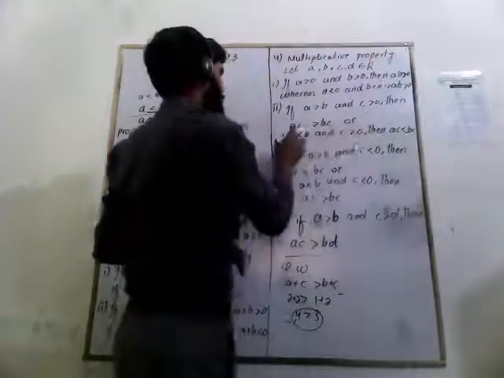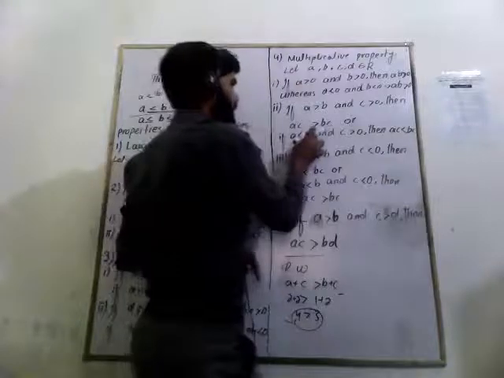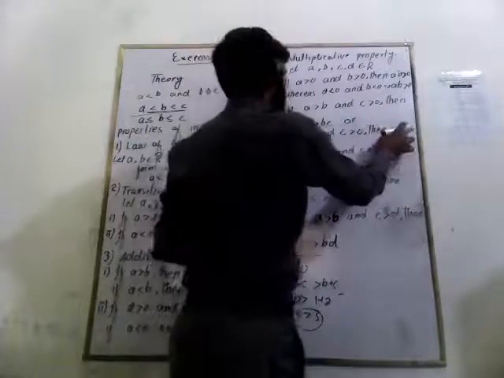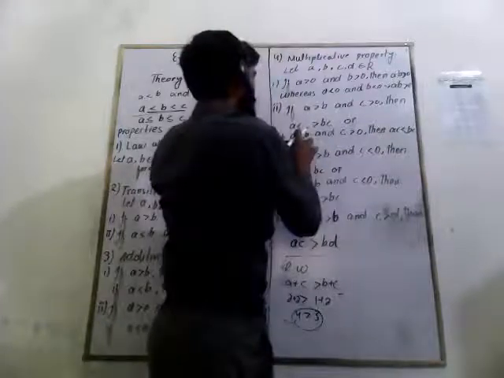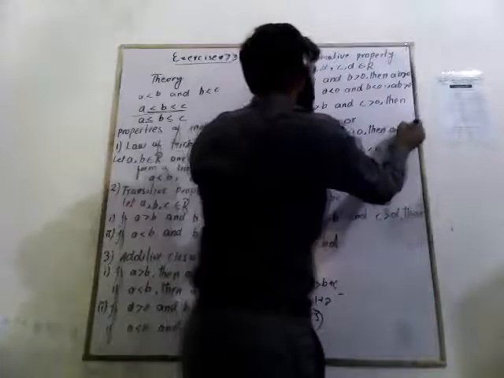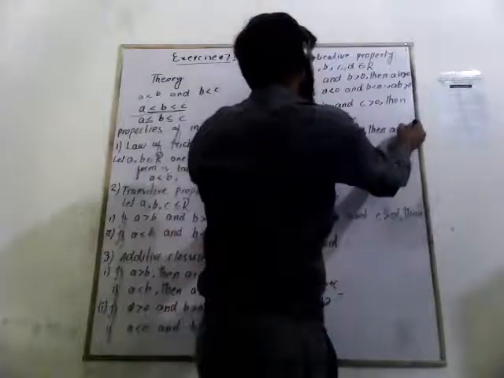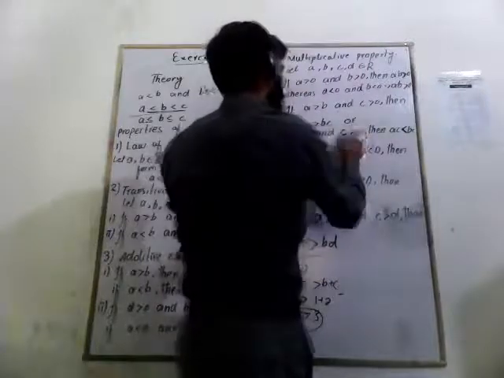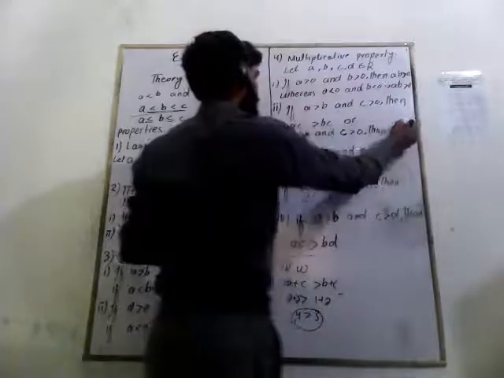Or you can say if a is less than b and c is greater than 0, then ac, firstly c multiplies with a and after that with b, and the inequality sign will not change because c is positive. That's why the answer comes like this.